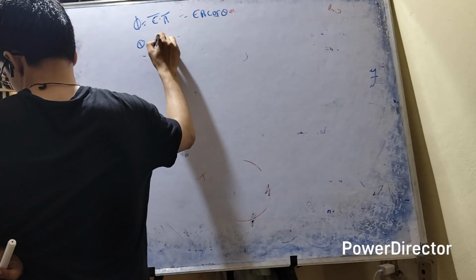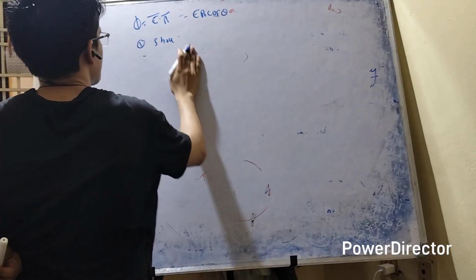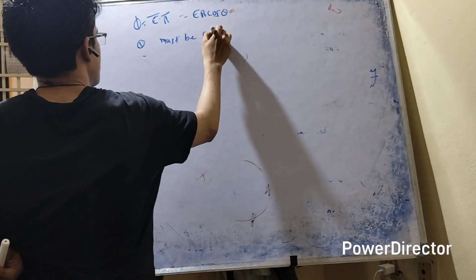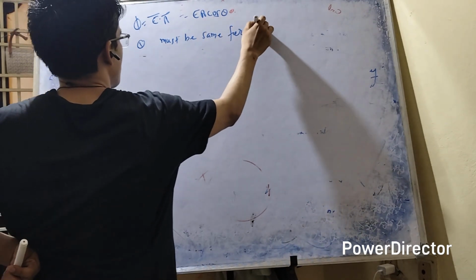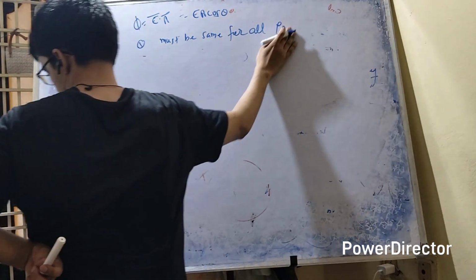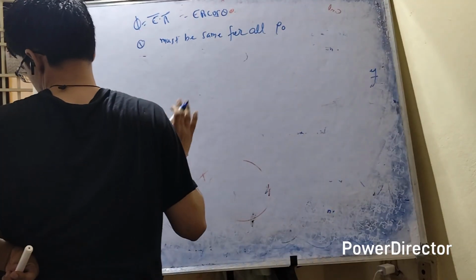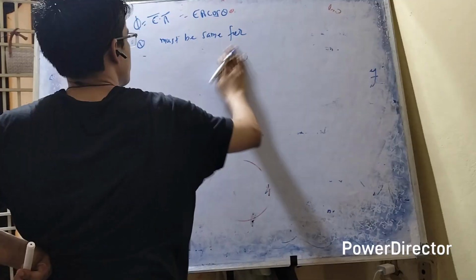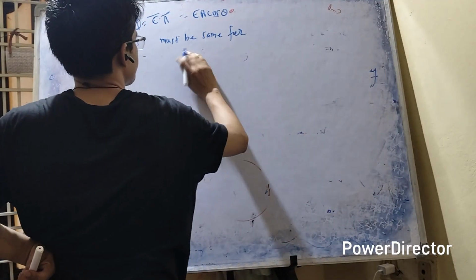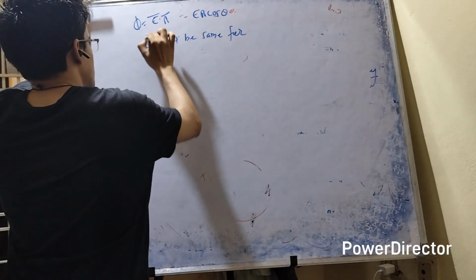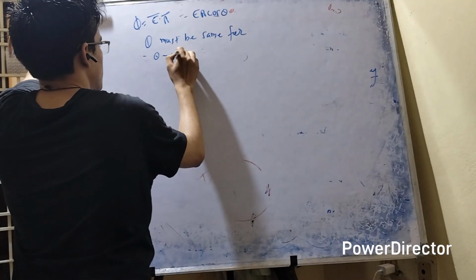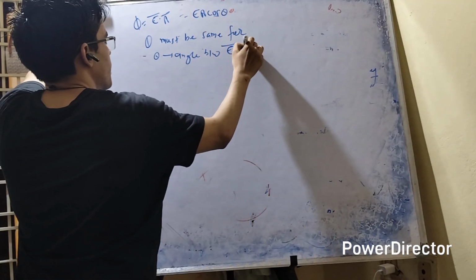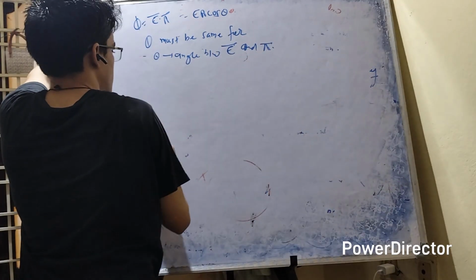Theta must be the same for all points. Generally, I am telling you one thing must be the same. Theta must be the same. It's an angle. What is theta? Tell me. The angle between the electric field and the area vector.